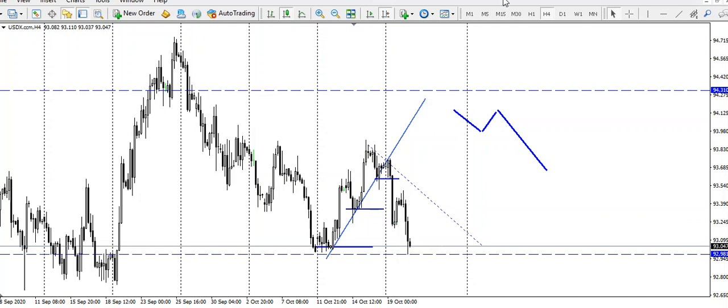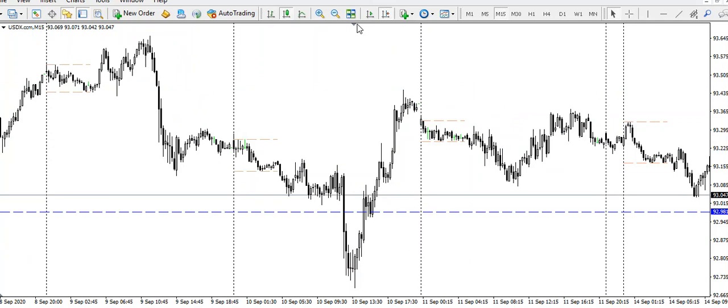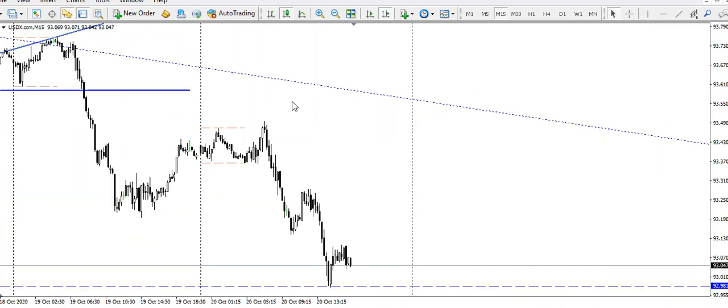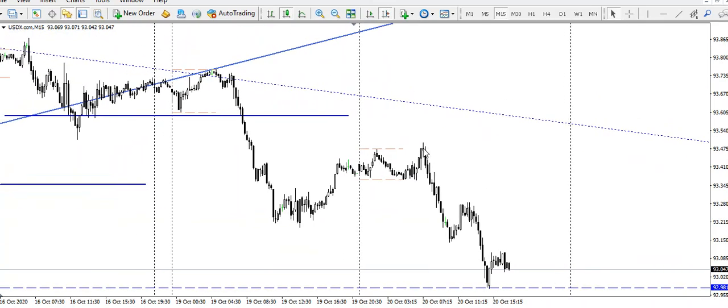and then this morning, 8:15. This one here. This is the swing low. It broke here, retracement.